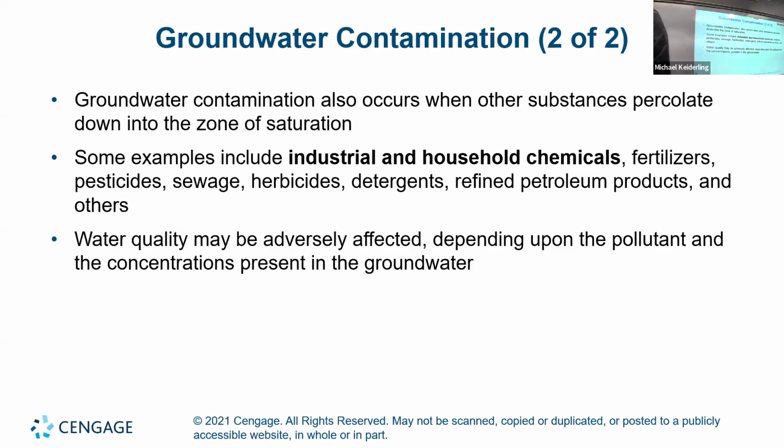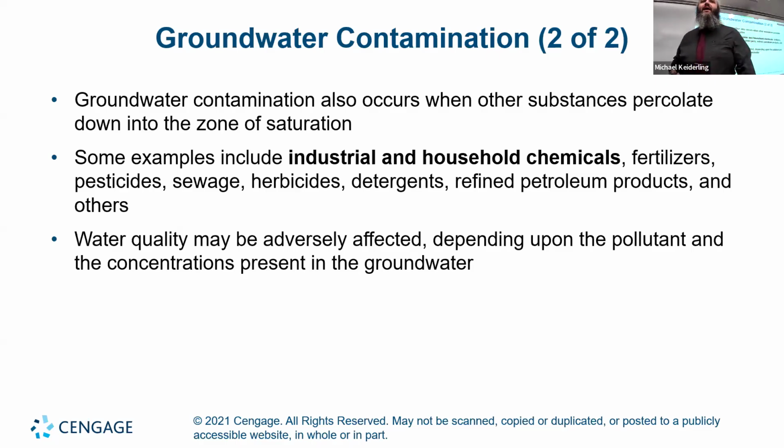If they get into the groundwater, it could end up contaminated. Everything involved doesn't move very fast, so it will stay contaminated for a long time. And water quality can be adversely affected depending on what the pollutant is and the concentrations present in the groundwater.